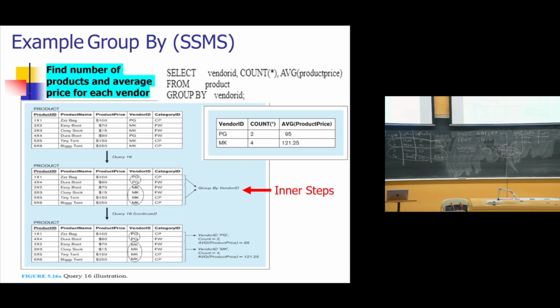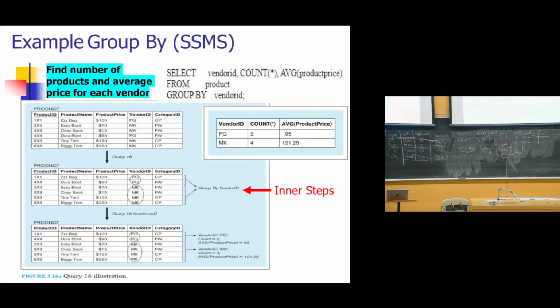That's the same because you're selecting from the product table, and in the product table each row belongs to a distinct product. We cannot have two same products in the product table, that's redundant. So if I'm selecting count star from the product, it means counting all the products. So finding number of products and average price from the product table, group by vendor ID. And then you can sort these in whatever order you want using the order by if I ask you.